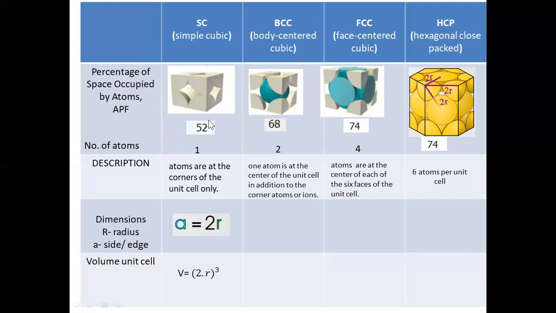If we change it in terms of radius, substituting the value of a, this becomes (2r) cubed.